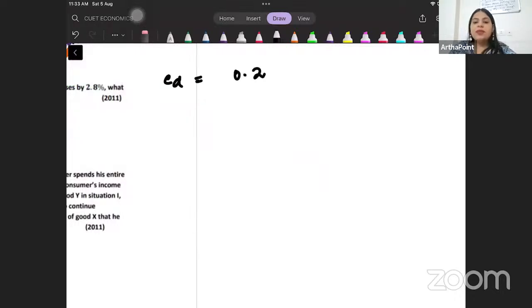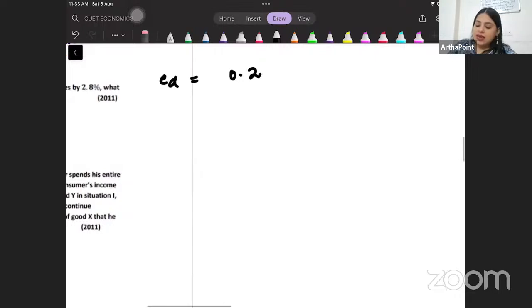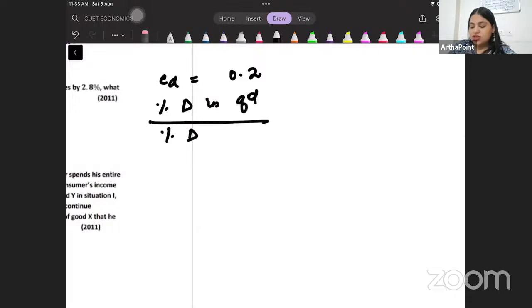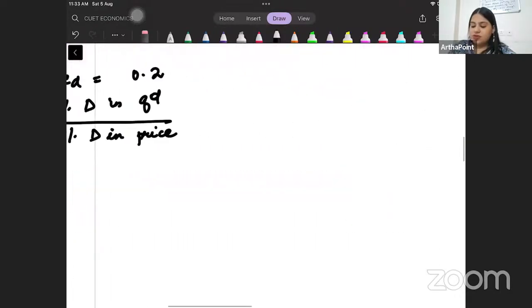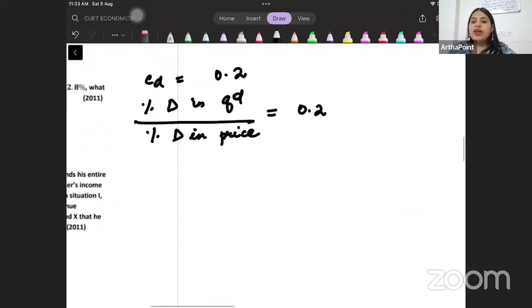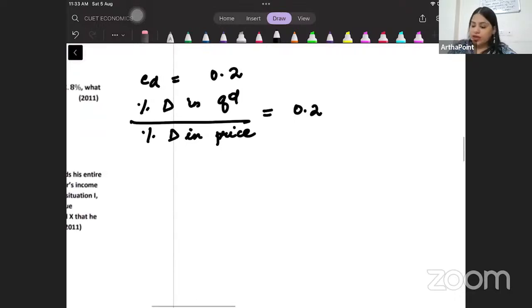Beta, what is elasticity? Elasticity is percentage change in quantity demanded upon percentage change in price. And now we are saying that this is 0.2. The question also tells you that price of good X rises by 2.8%.